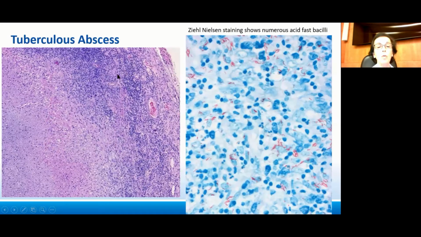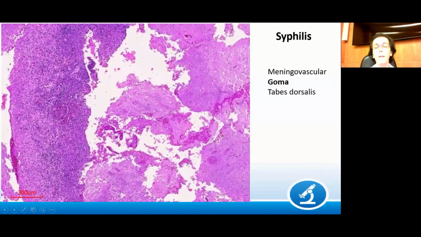Here's the inflammation, no granulomas. When the patient is immunodeficient, it does not form granuloma. There is no reaction for this. And in this case, the bacilli proliferate a lot, so we can find in this area lots of acid-fast bacilli.